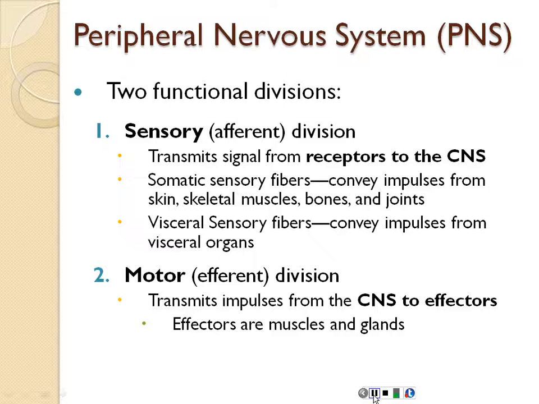Lots. For one, nerves are part of which division? The PNS, right? And what do we find inside nerves? Axons, right. Bundles of axons, a bunch of axons.